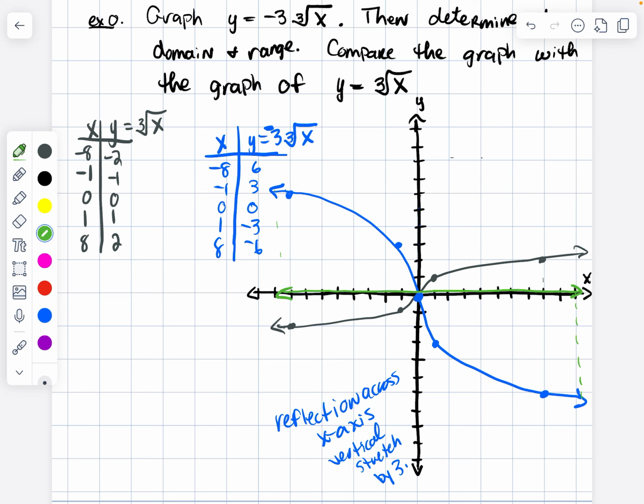So the domain is all real numbers, right, here. And then the range, this comes to the y-axis, so does this one. This is all real numbers as well, right?